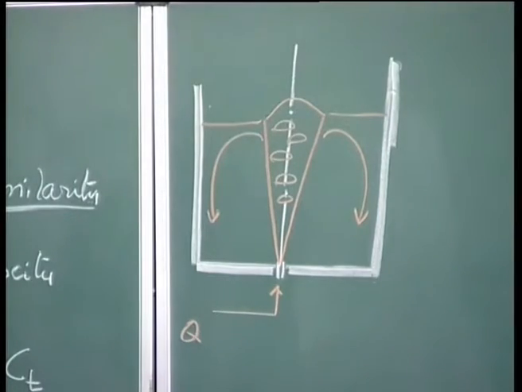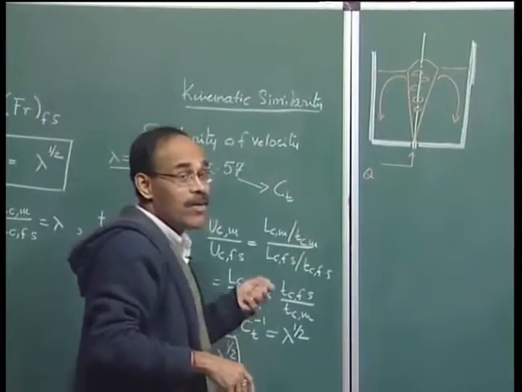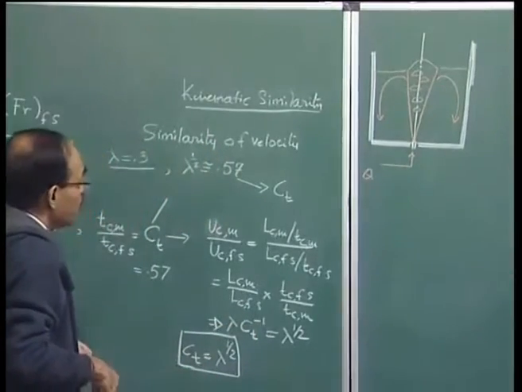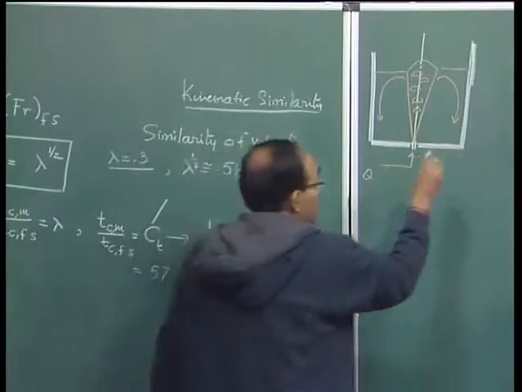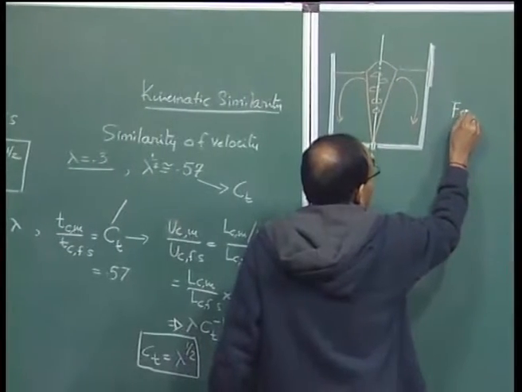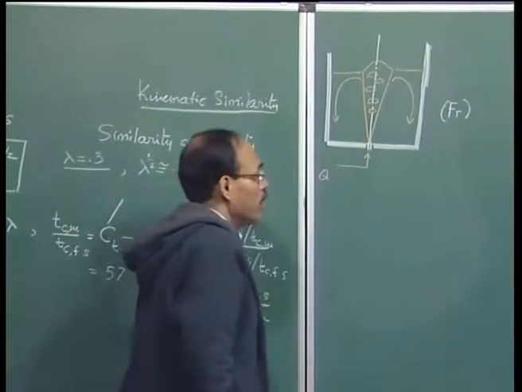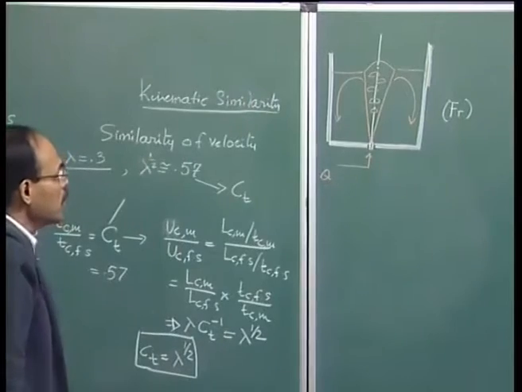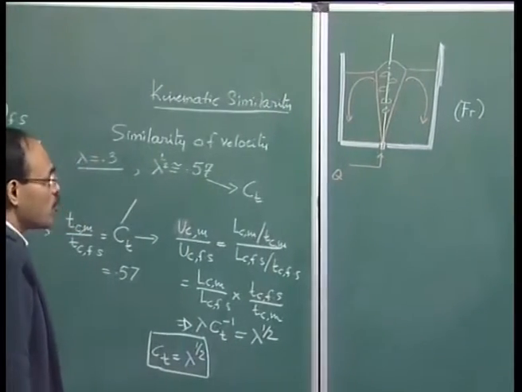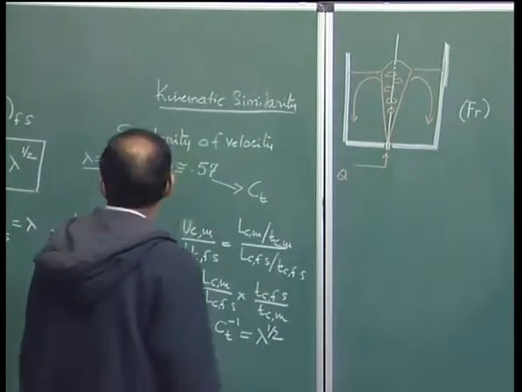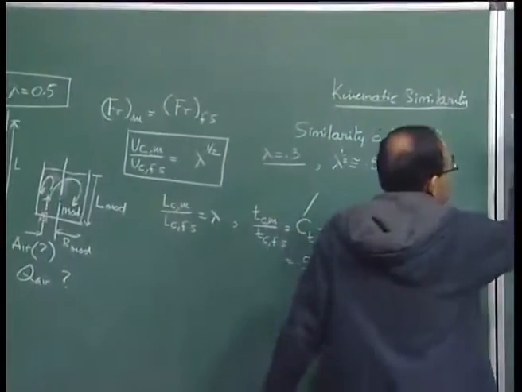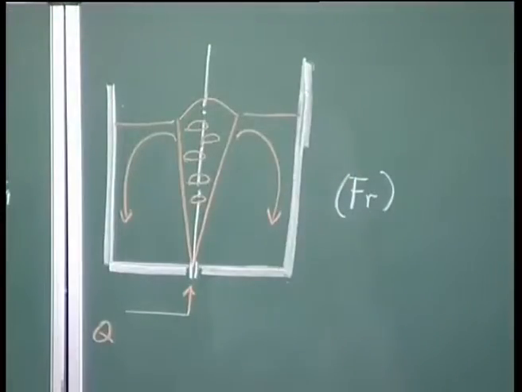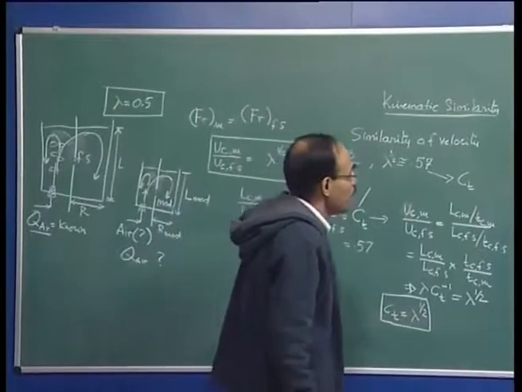Now, in this system, as per our earlier assumption, the Froude number is the only relevant dimensionless number which governs the modeling or the dynamic similarity criteria, and let us assume that the system is geometrically similar. Our objective is to find out what that flow rate is.